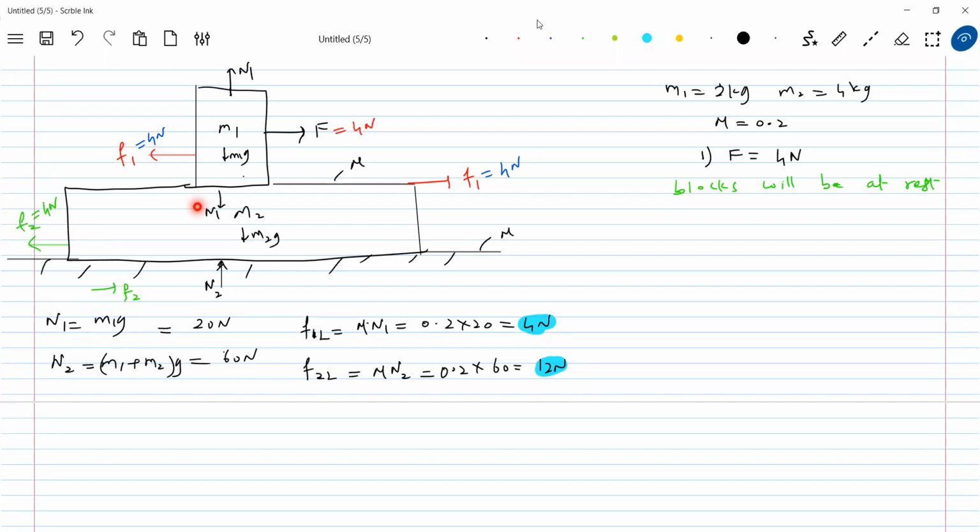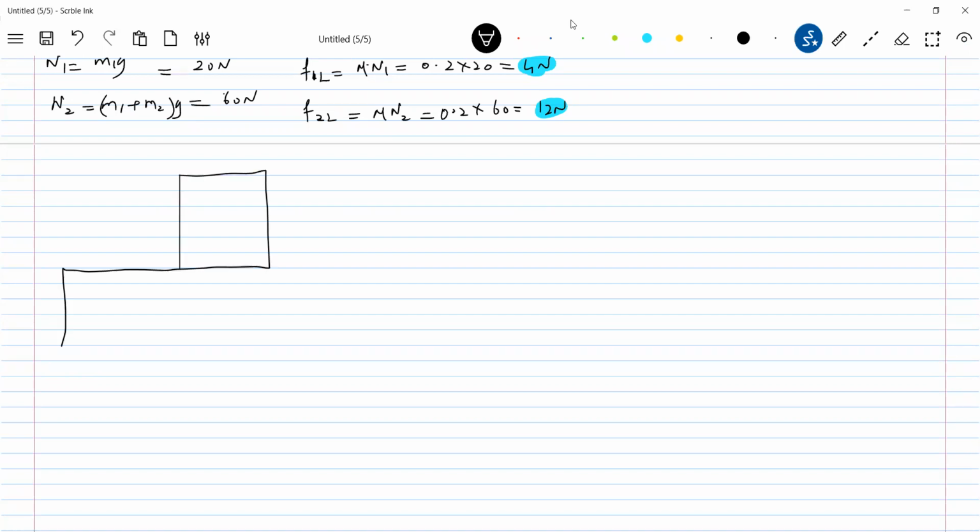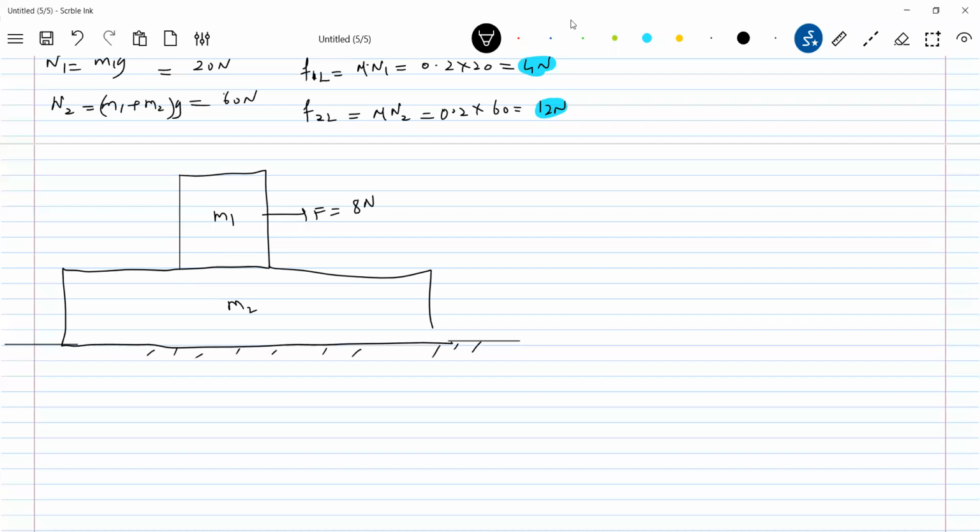Okay, got it, no? So let's take the next condition. I'll make it 8 Newton. Second case, let F equal 8 Newton. I'm just asking you to analyze here so that it will be easy for you. The same values, the applied force is now 8 Newton. And this is rough.